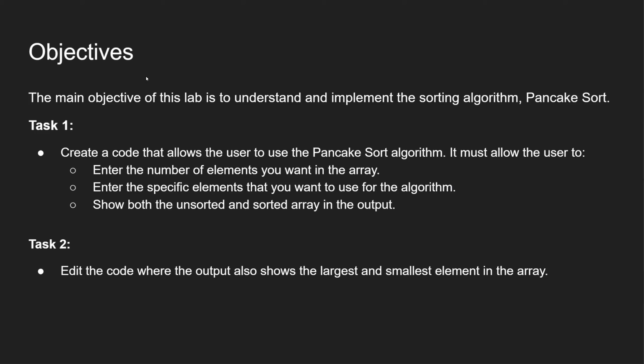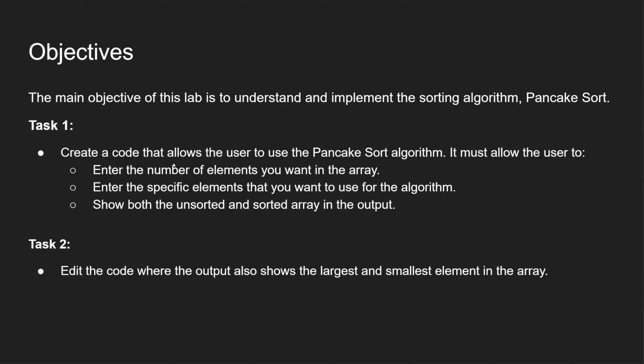So the objectives of the lab that I created: the main objective is to understand and implement the sorting algorithm called Pancake Sort. In the first task, you create code that allows the user to use the pancake sorting algorithm. Within that code, it must allow the user to enter the number of elements to use in the array.